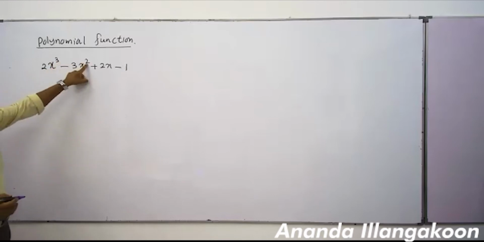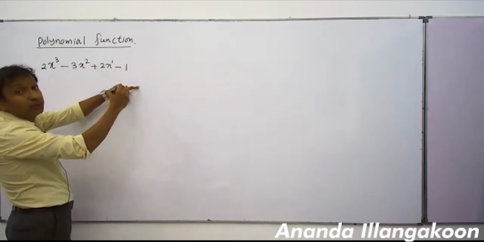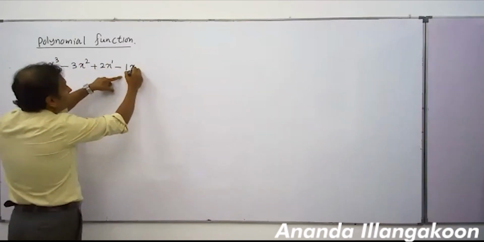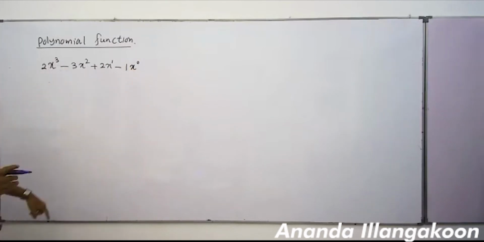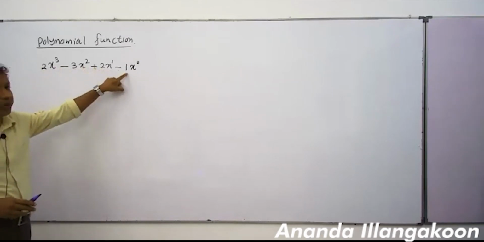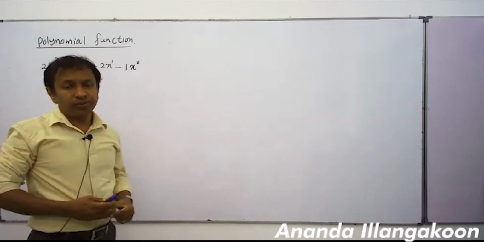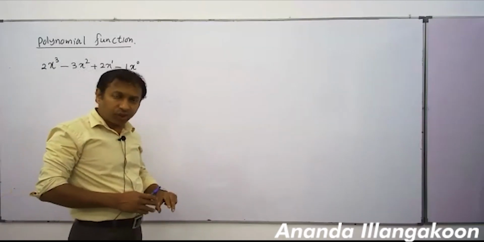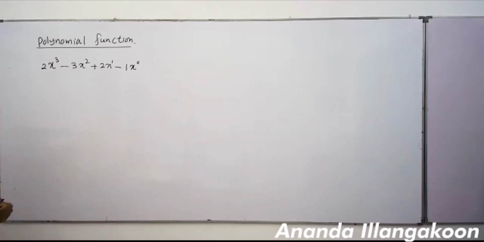Its powers are positive integers, positive whole numbers, or 0. Here we have 1 only, that is 1x to the power 0. This kind of algebraic expression we define as a polynomial function. Its coefficients, this 2, -3, 2, and this -1, are real numbers. They can be decimal or fraction or mixed fraction, positive or negative, whatever. The coefficients can be any real number. So this is called a polynomial function in x.